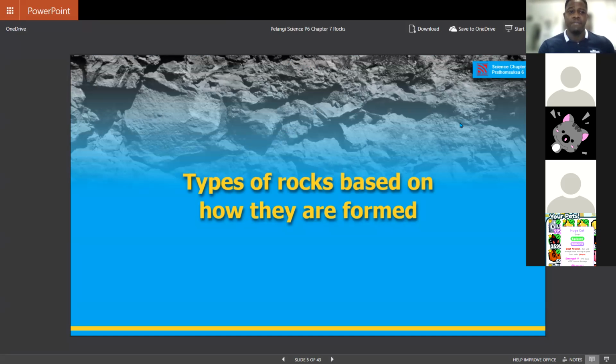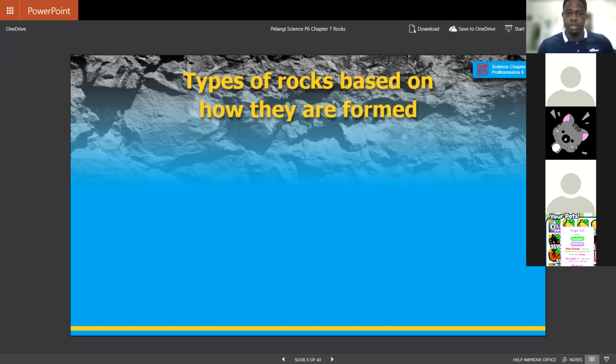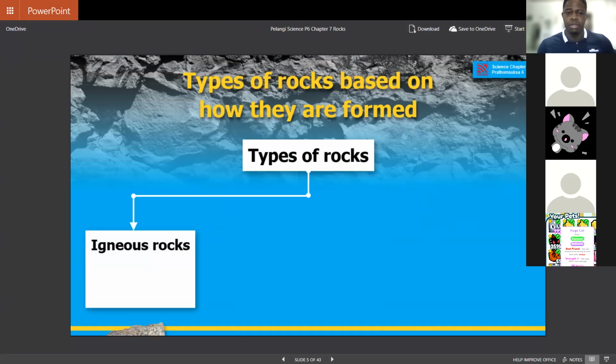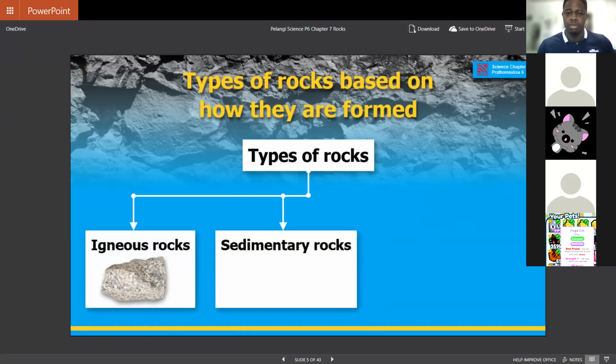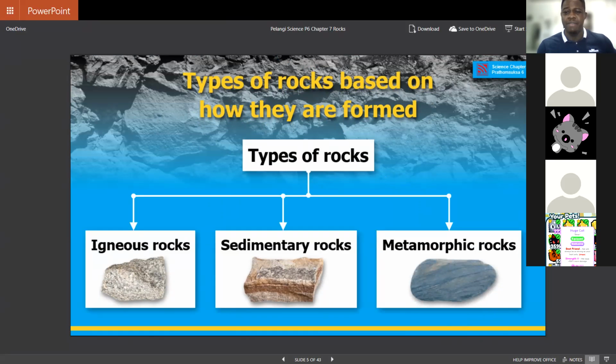Please do not forget the definition of rocks. We have the igneous rock, the sedimentary rock, and metamorphic rocks.